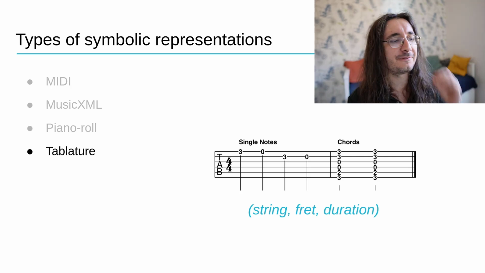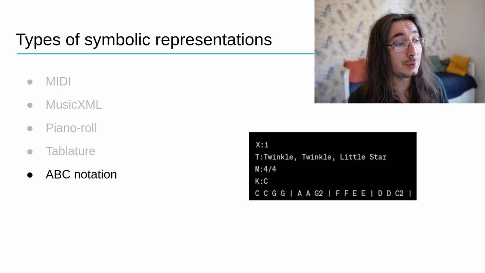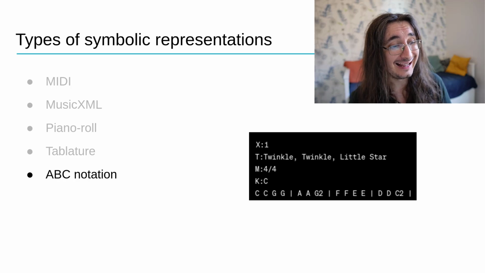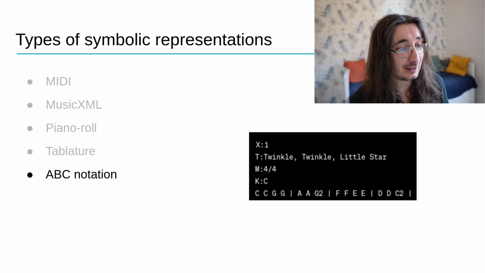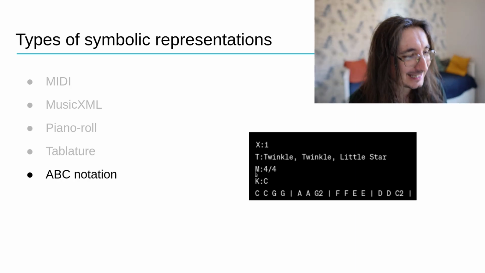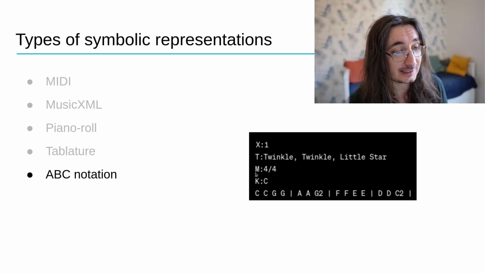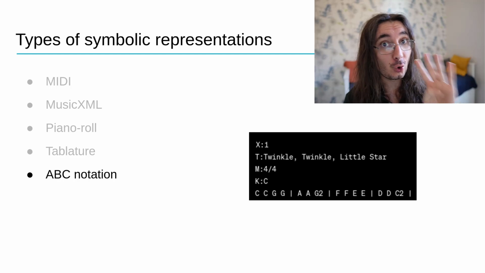There are also fancier ways of representing music as symbols. One of these representations is called the ABC notation, and it's a text-based representation. Here you can see the representation in ABC notation of Twinkle Twinkle Little Star, specifically the first 4 bars.